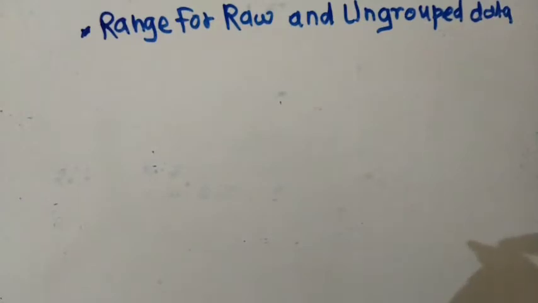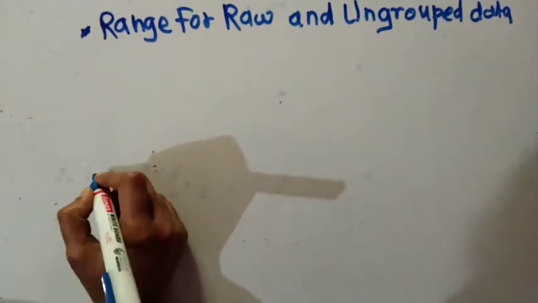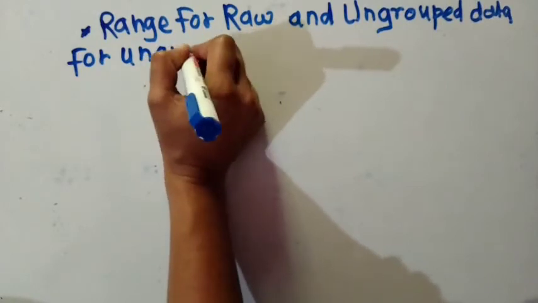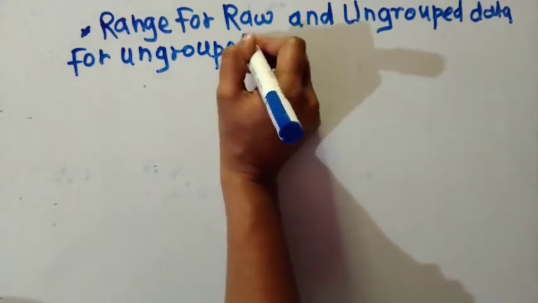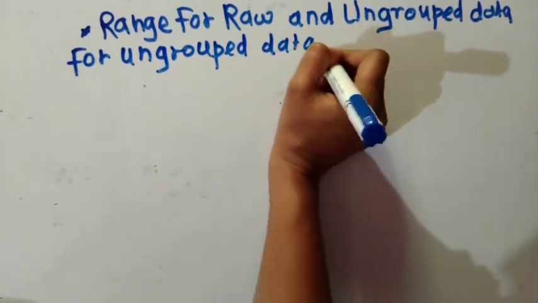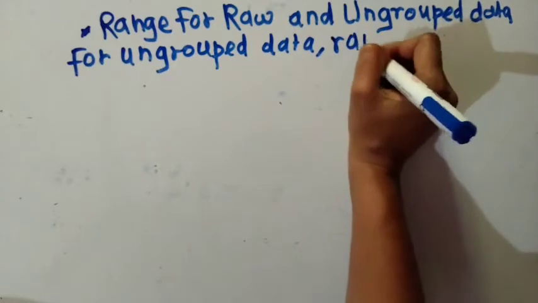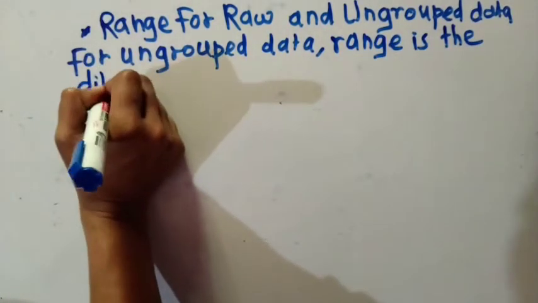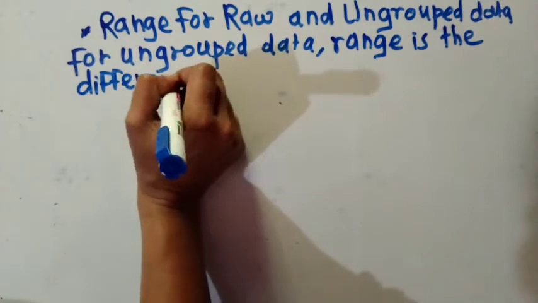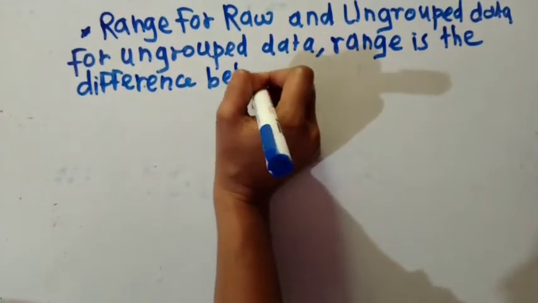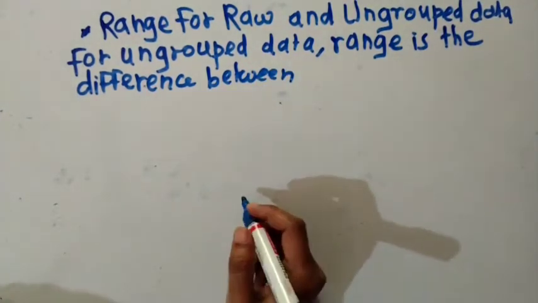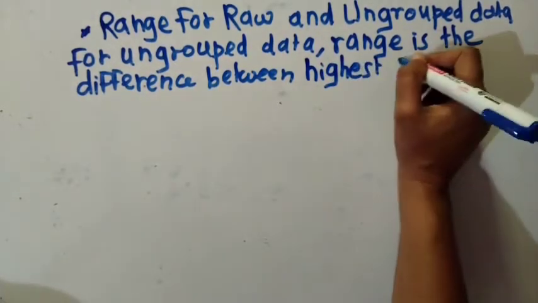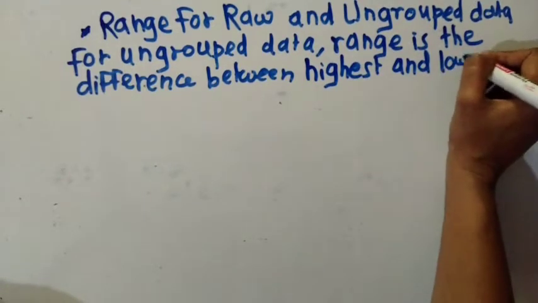So first, for ungrouped data, range is the difference between highest and lowest value.